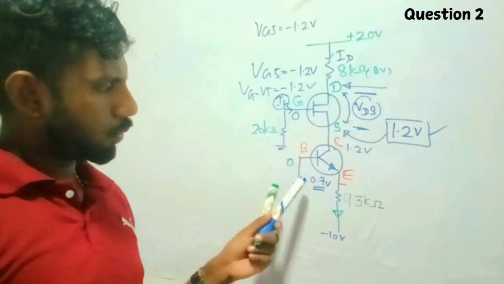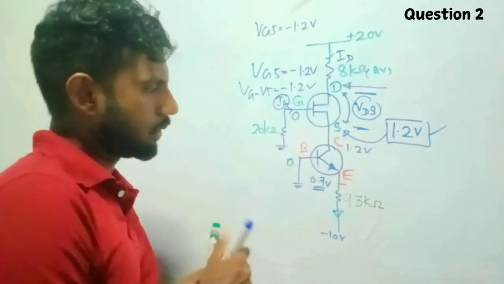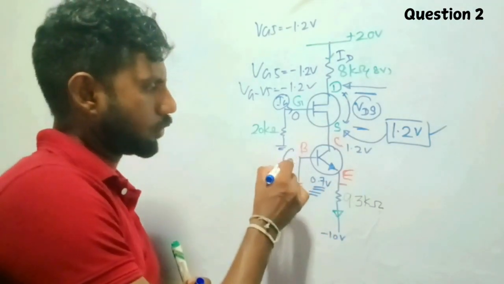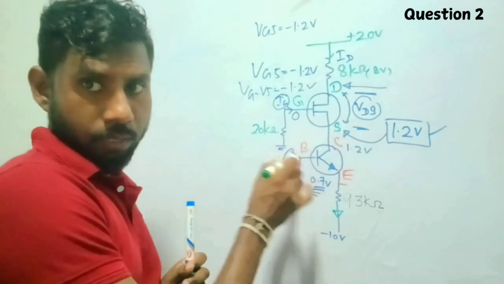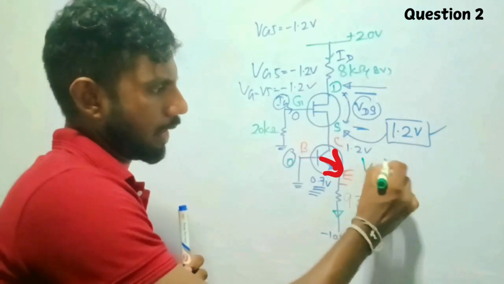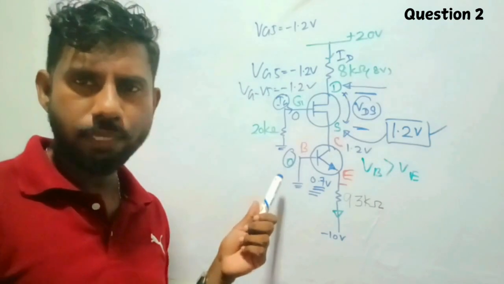So we are assuming BE is forward biased, the potential difference is 0.7 volt, and here the potential is 0. Then current flows from B to E. So VB potential is greater than VE potential, right? Here the potential at B, of course you can see, is 0.